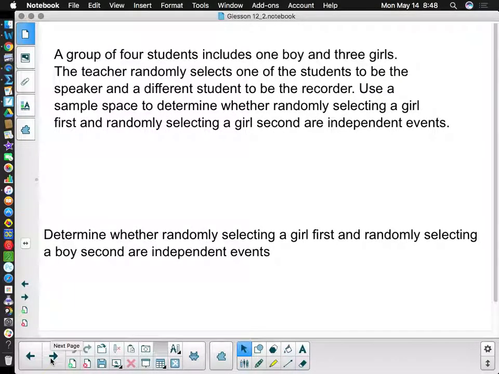Here's a scenario. A group of students includes 1 boy and 3 girls. A student randomly chooses one of the students to be a speaker and a different student to be the recorder. Use a sample space to determine whether randomly selecting a girl first and randomly selecting a girl second are independent events. So we have 1 boy and 3 girls.